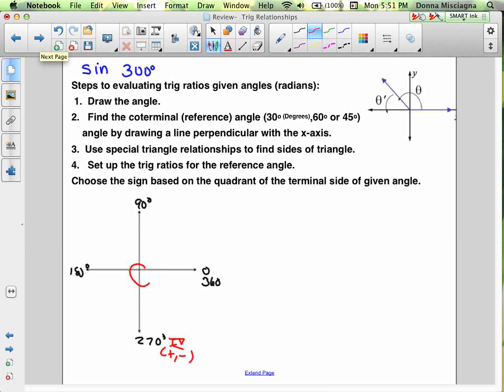Something important to note there. This is our 300 degree angle, and then we create a triangle out of that by going straight to the x-axis. It's going to be perpendicular to the x-axis.